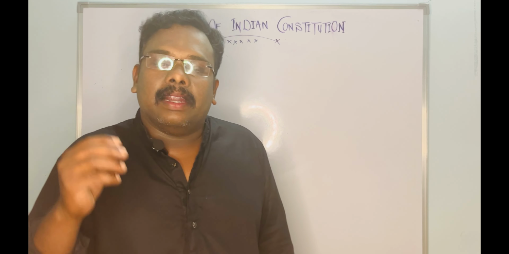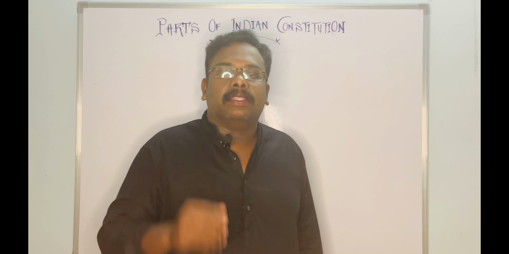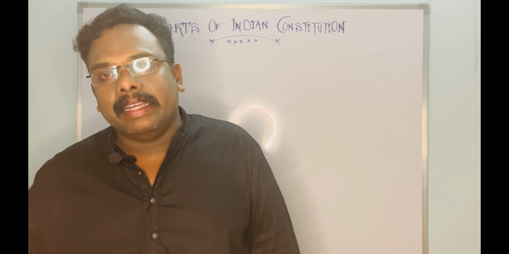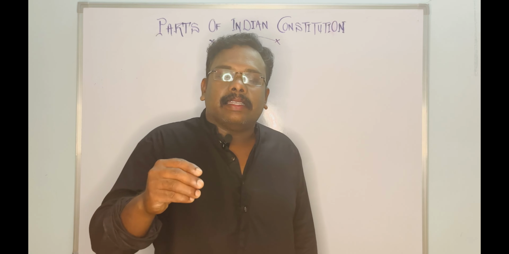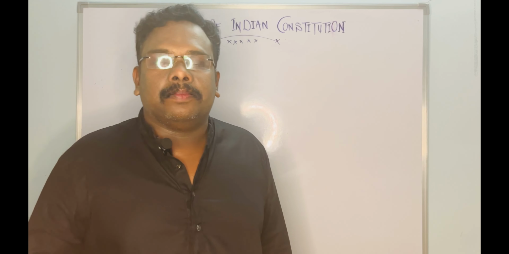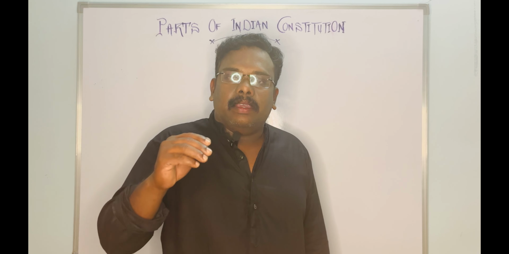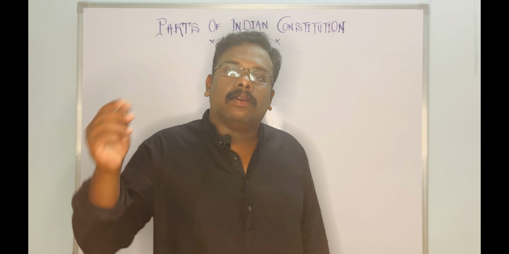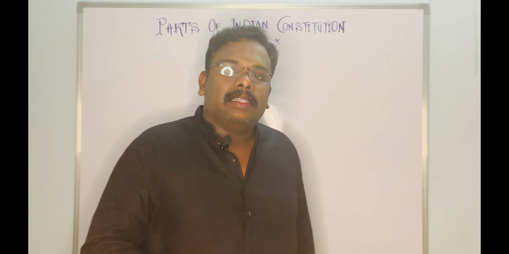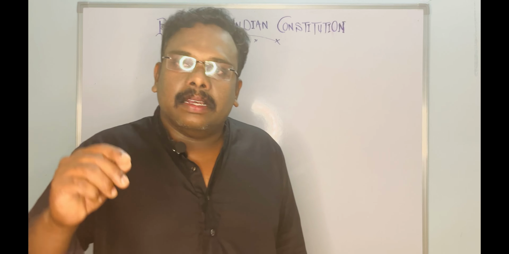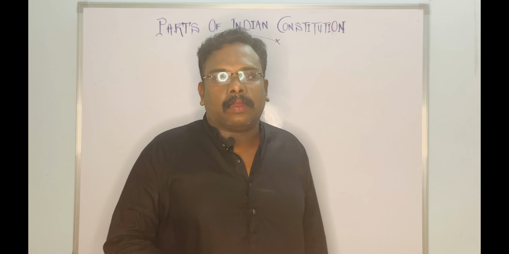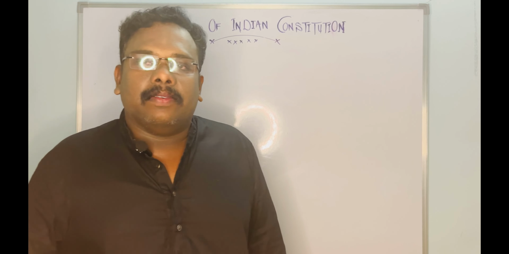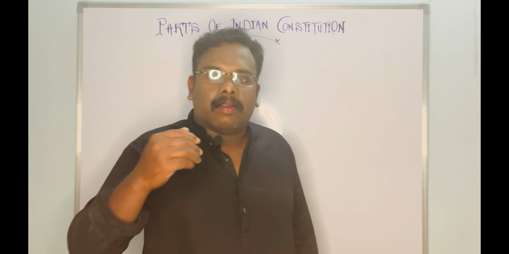Then four parts got added to the constitution at a later stage with various amendment acts. So we have originally 22 parts, then later 4 parts got added to the 22 parts, then one part got deleted or removed. We can start with our class.